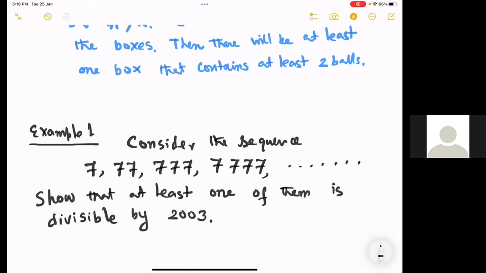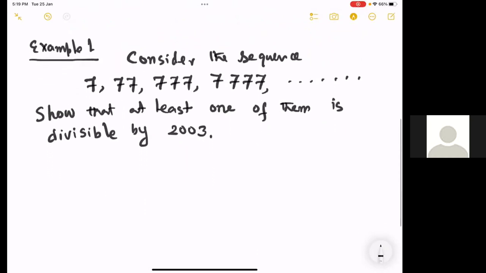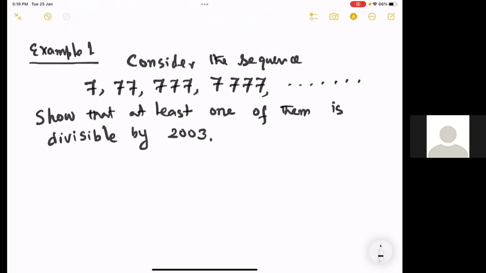These numbers you can manufacture in many ways. It's just an illustrative example. So look at the problem. This is purely a number theoretic question, right? You have a sequence of numbers 7, 77, 777, 7777, and so on. And you want to prove that there exists some number that's divisible by 2003.